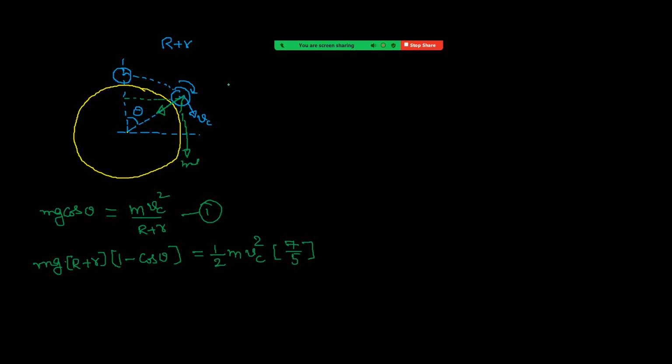See, we have to get omega equal to vc by small r. Okay, that means we have to get the value of vc. That means eliminate cos theta.